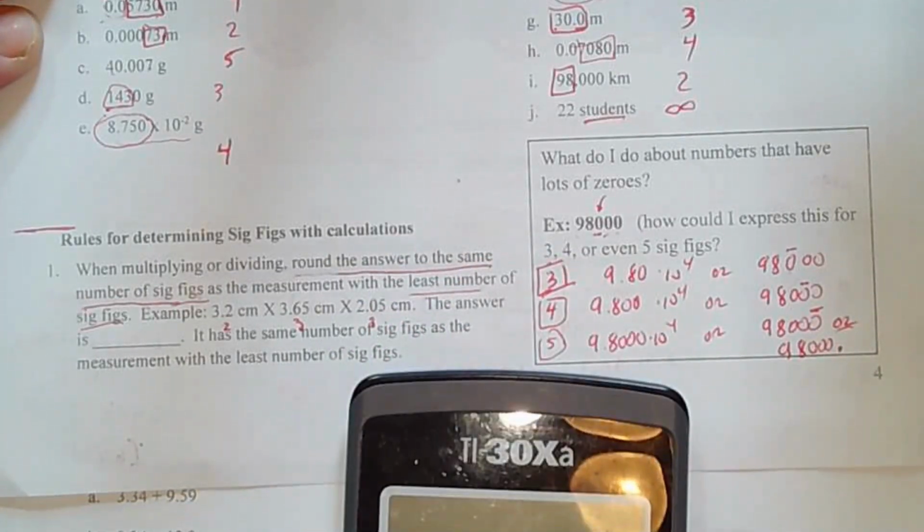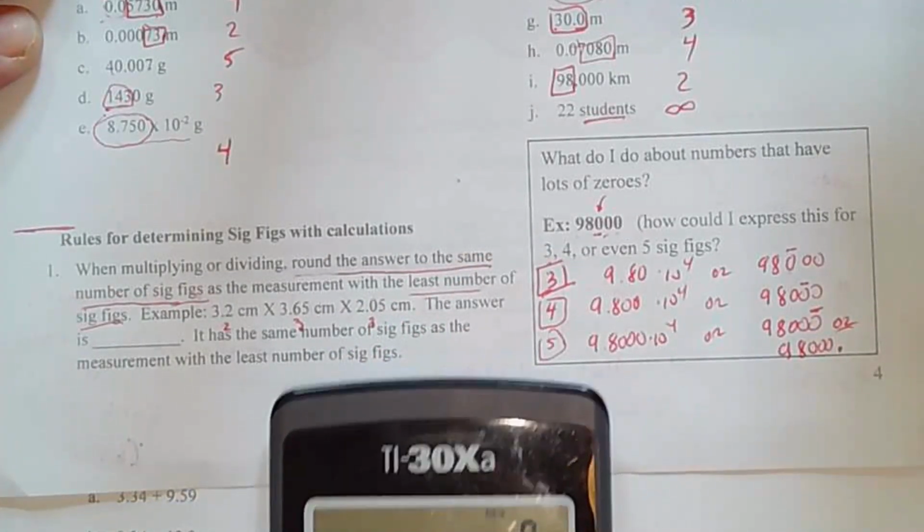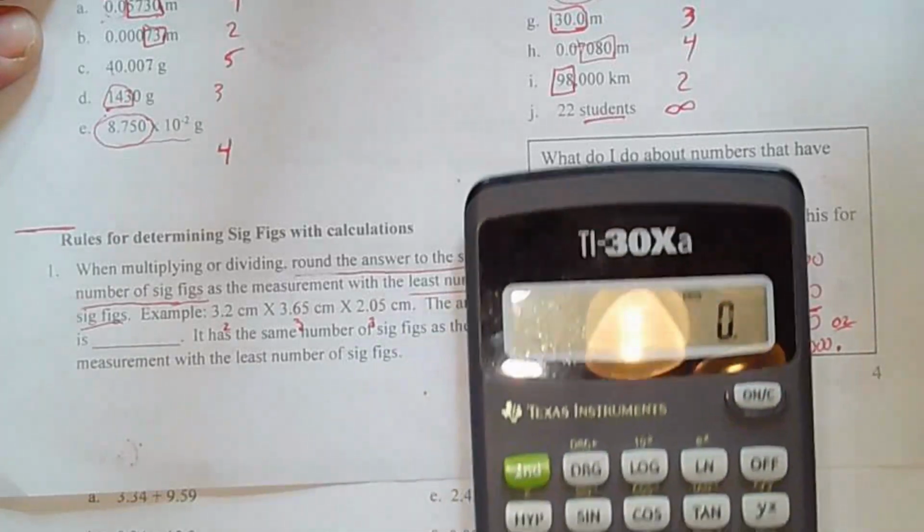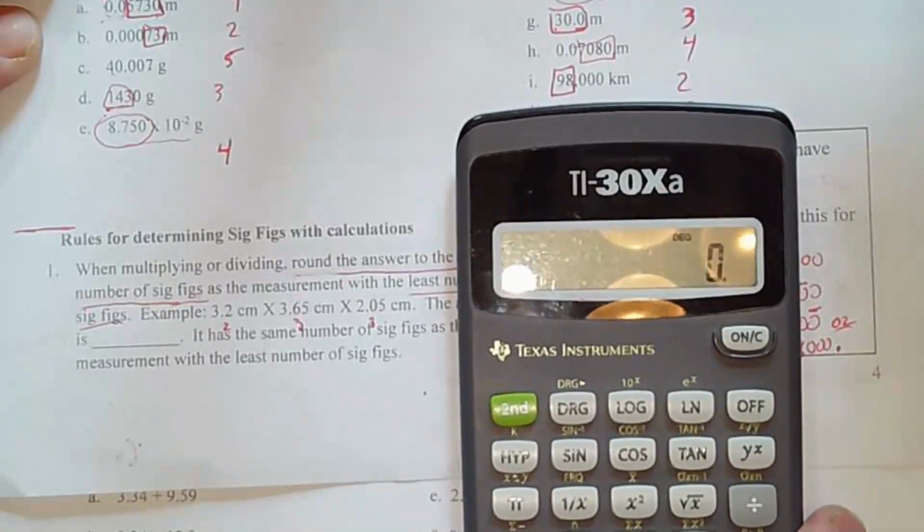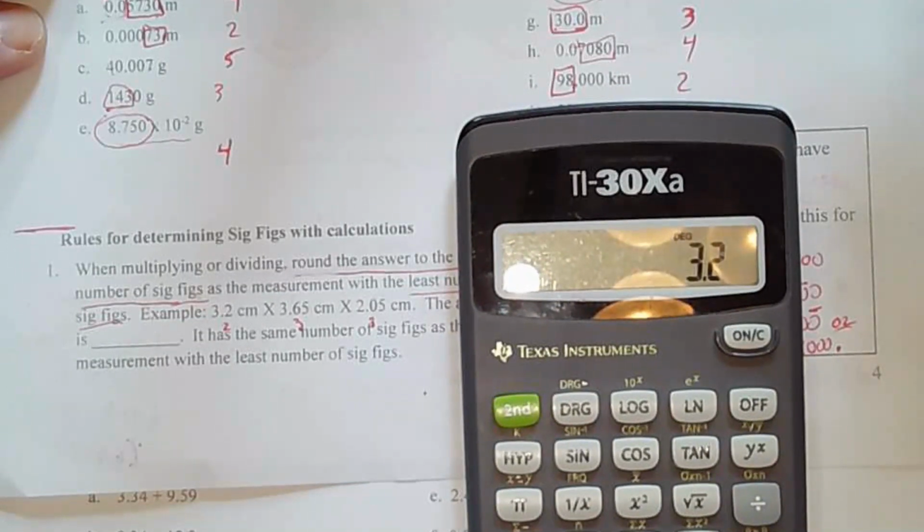So when we do our calculation, take 3.2 times 3.65 times 2.05. Your calculator is going to give you 23.944.